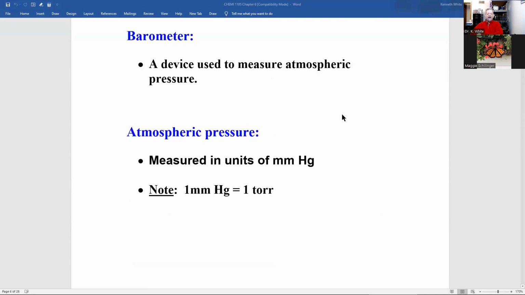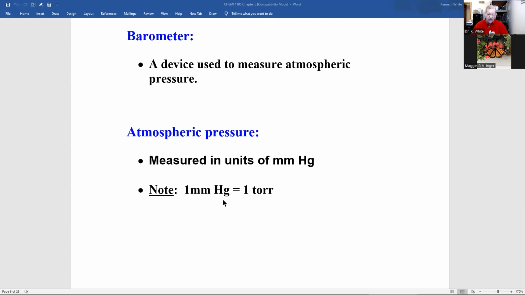And atmospheric pressure, or pressures in general, are measured in units called millimeters of mercury, mm Hg. The first barometer was invented by the great Italian scientist Torricelli.